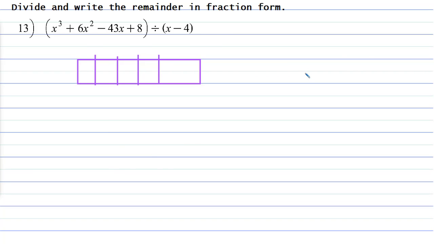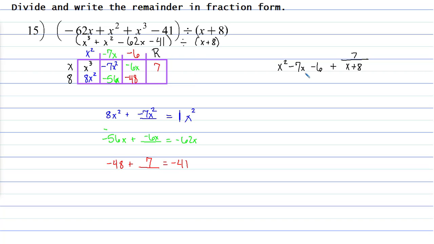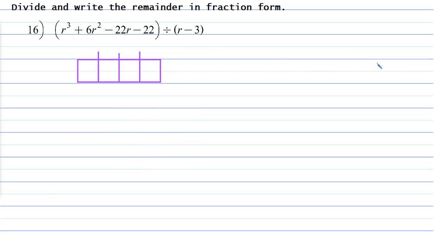The next question we had is my number 16. And so r's, they're in order. So r cubed goes here. R minus 3 goes here. We're going to divide to go up.